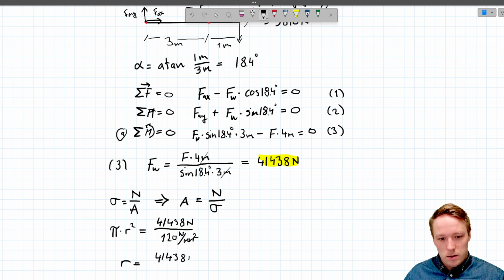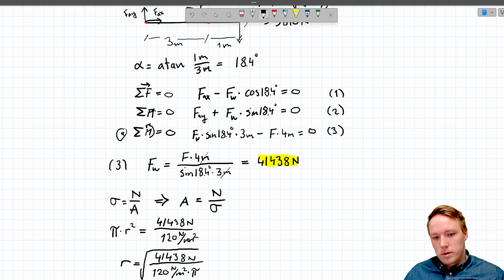So the R will be the square root of 41,438 newtons divided by 120 times pi, like so.